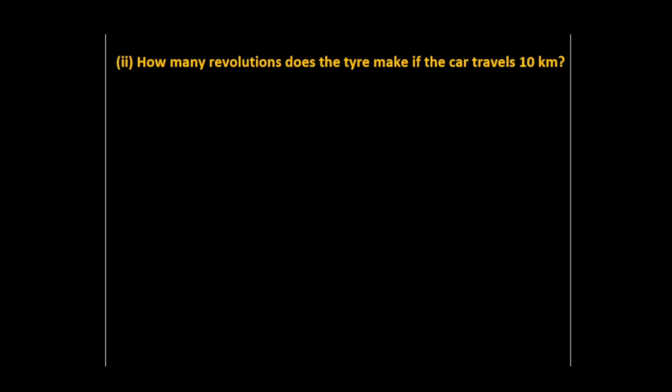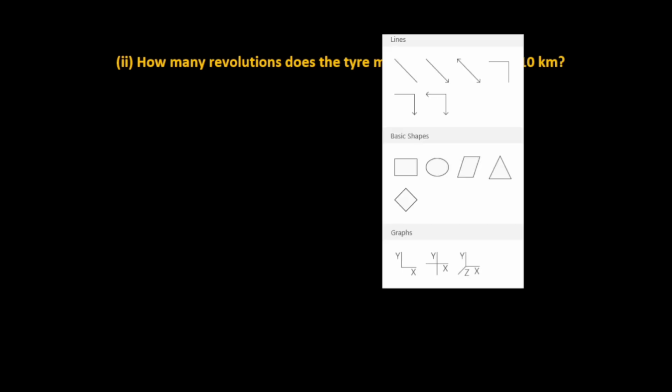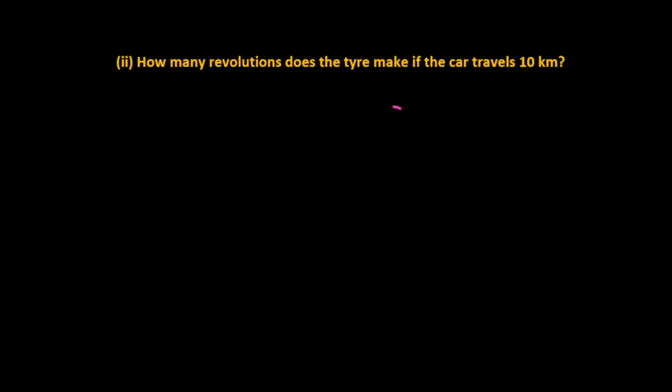Next, how many revolutions does the tire make if the car travels 10 kilometer? Suppose this is the distance covered by a car. From here to here, 10 kilometers. The car covered 10 kilometer. So how to find that? We need to divide.